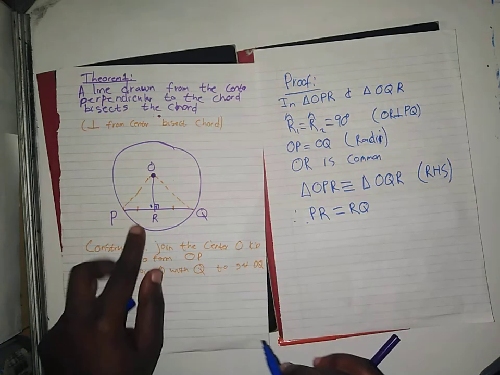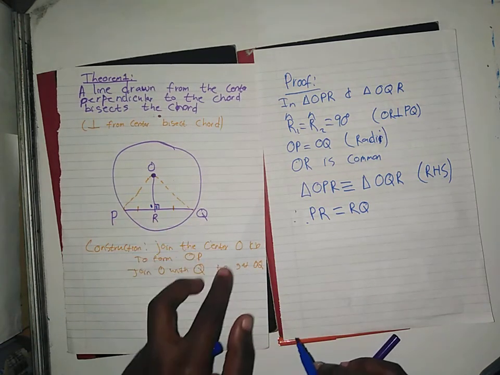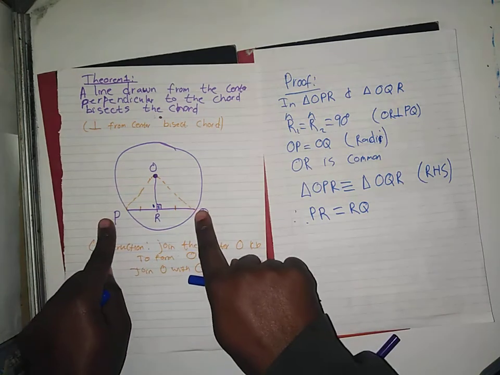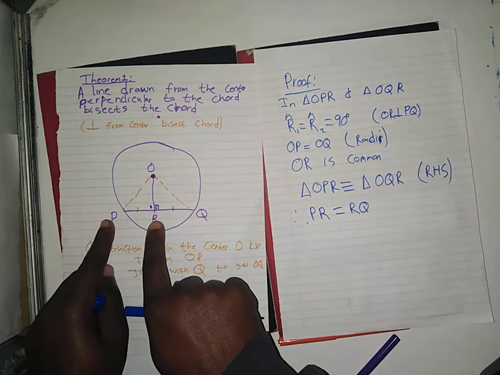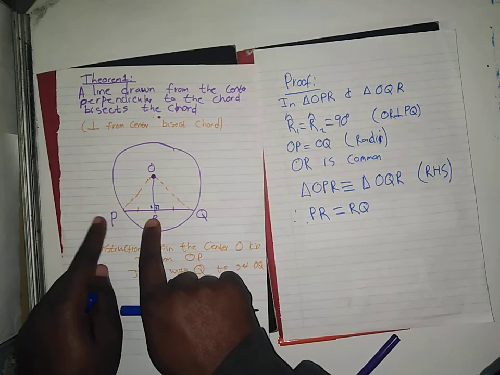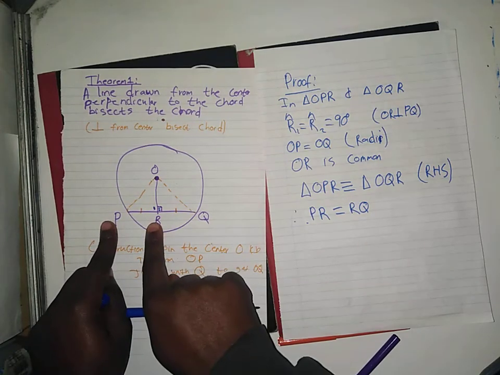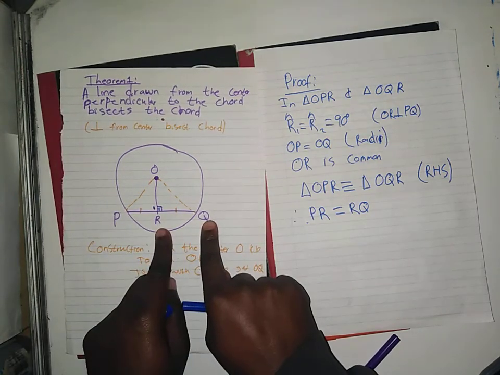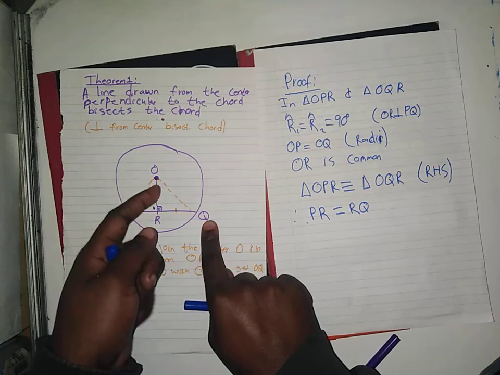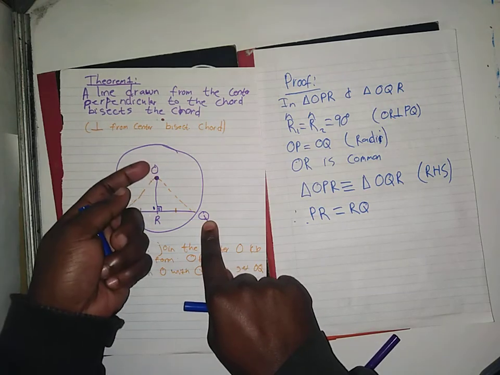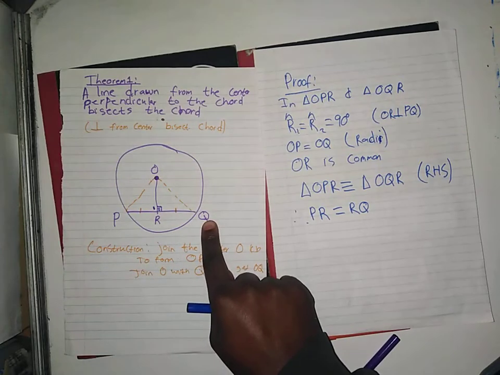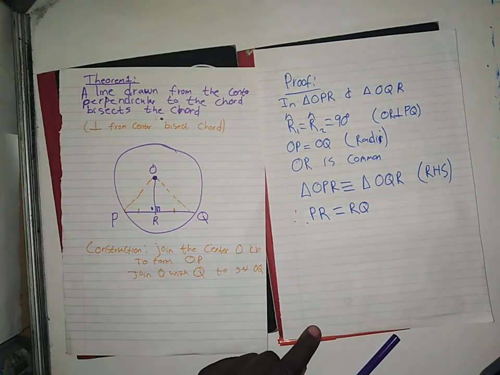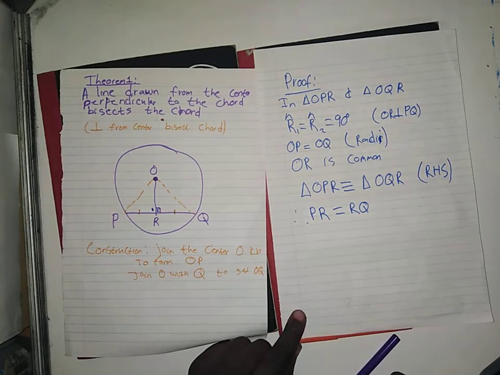Okay, now if this side is equal to this side, that means that this PQ chord is being bisected, because bisect simply means cut into two equal halves, and here we have already shown that this half is equal to this half. Okay, so that means that this line, the line that moves from here to here, and which is perpendicular to this one, bisects what? It bisects PQ.